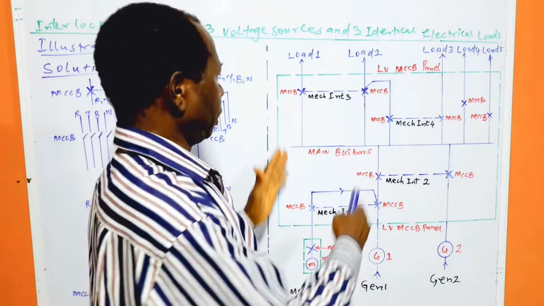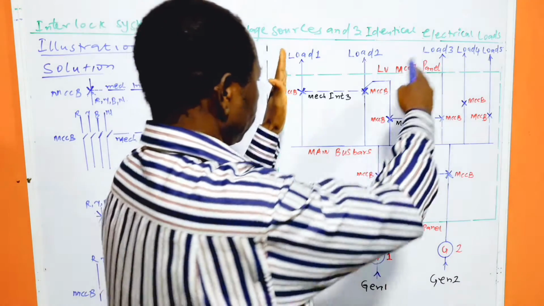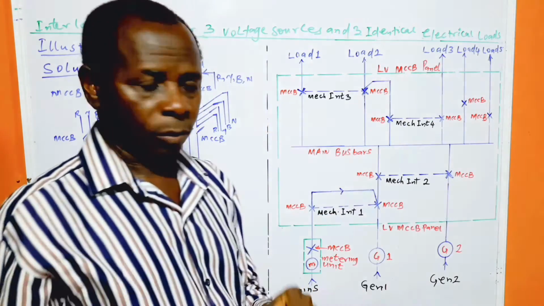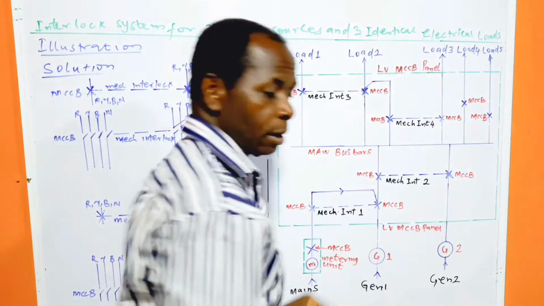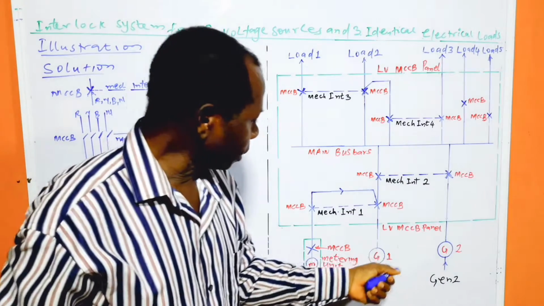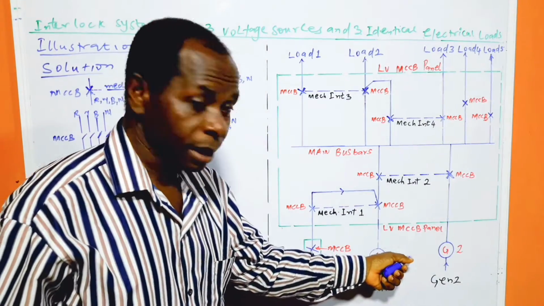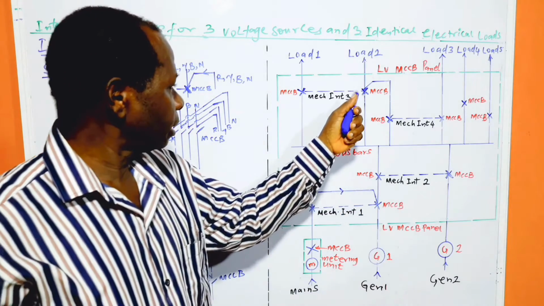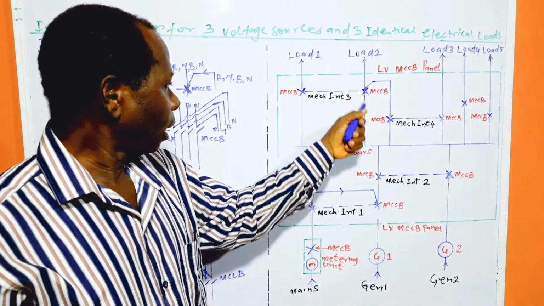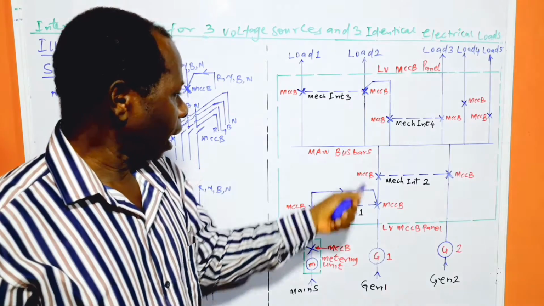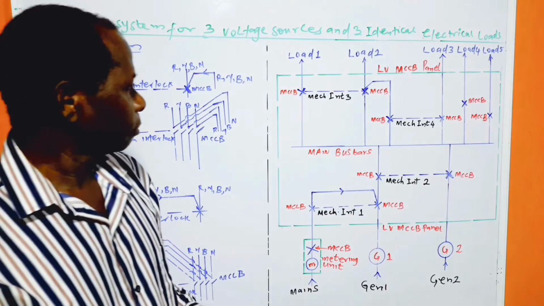Actually, the power distribution schematic diagram that we are looking for is this. But before I explain it, let me explain the detail on this circuit breaker and on this circuit breaker.